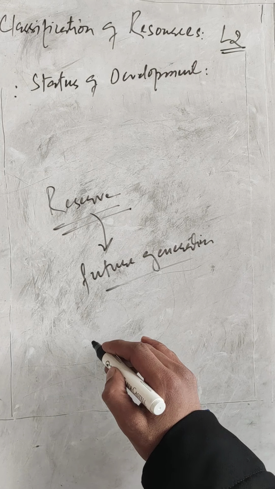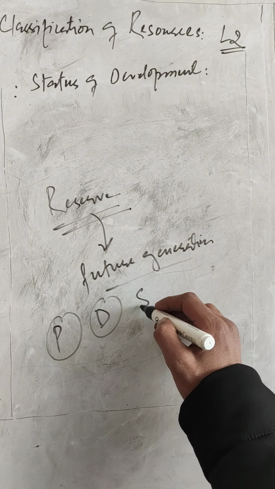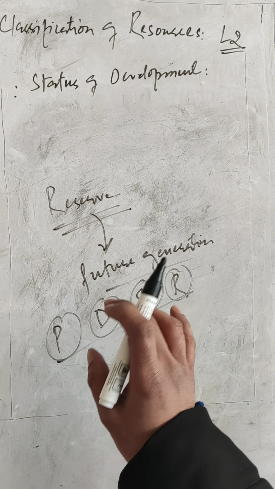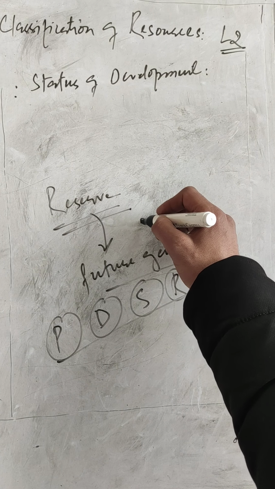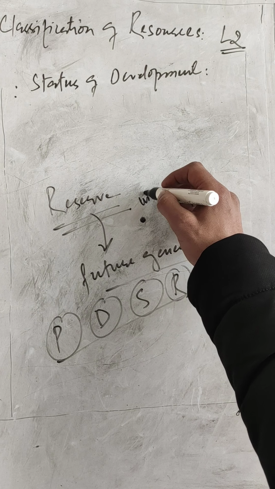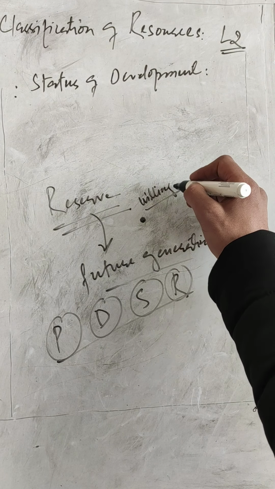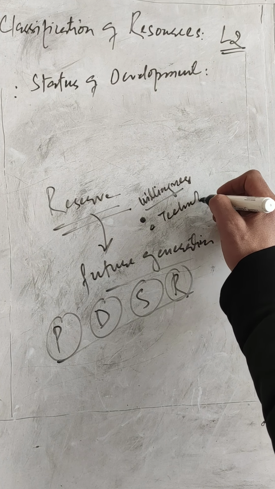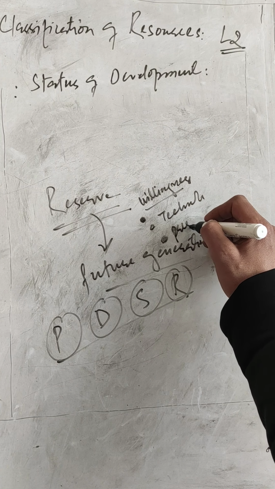Comparing all the four types of resources, potential, developed, stock, and reserve, I will make a flow chart which surely will help you. To make it more clear, we will classify them on the basis of willingness, that is, whether we have the will to operate those resources, on the basis of technology, and on the basis of whether presently we are taking benefit or not.